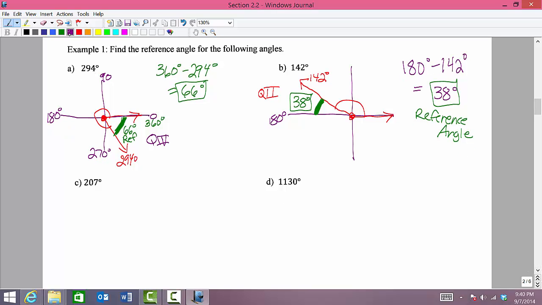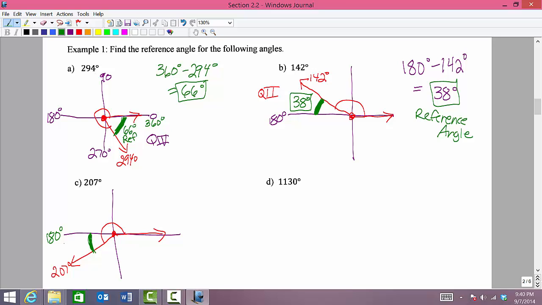Okay, what about 207 degrees? We're going to graph this first. And that should put us just a little bit past a half rotation. And remember that we're looking for the positive distance right here between the terminal side and the nearest x-axis. Well, in this case, the nearest x-axis, we can think about that as being 180 degrees.